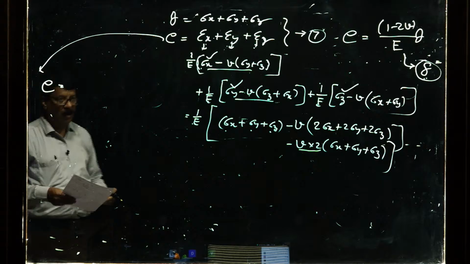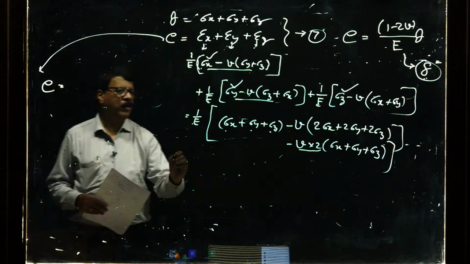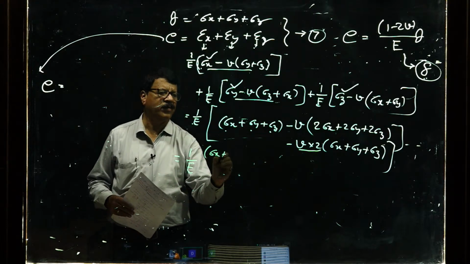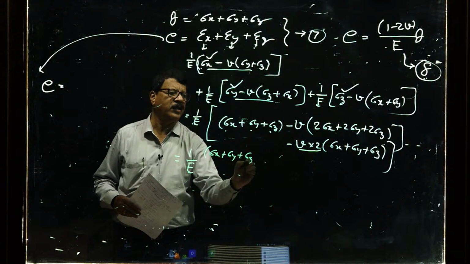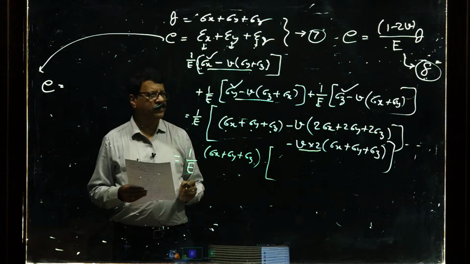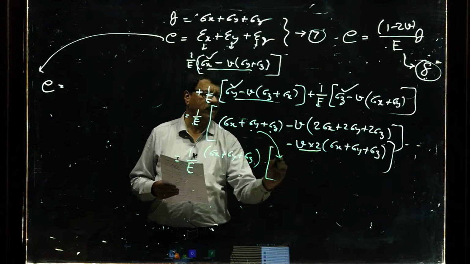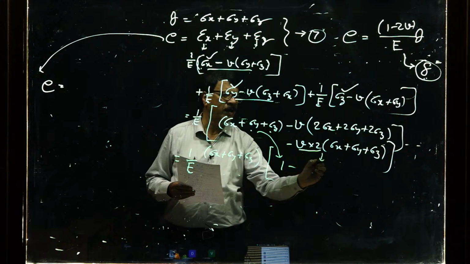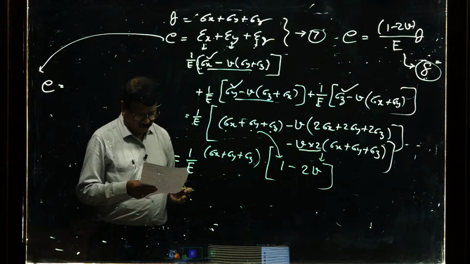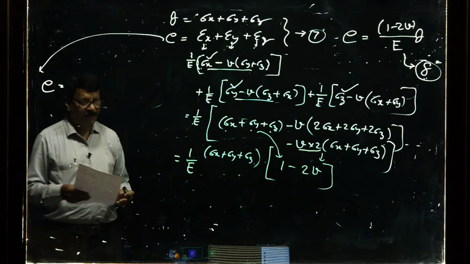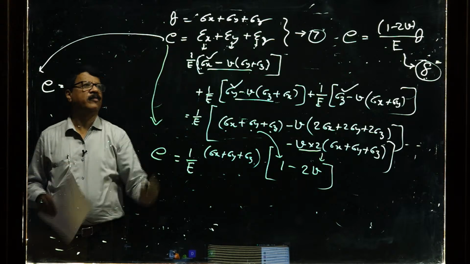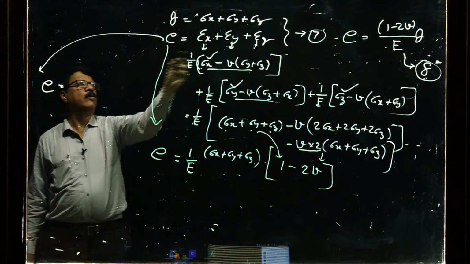Okay. Now we can take sigma x, sigma y and sigma z common. So here it is 1 and here it is 2 Poisson's ratio. We are going through this equation, e is equal to, started from here.